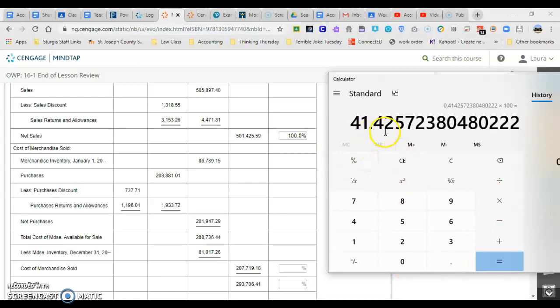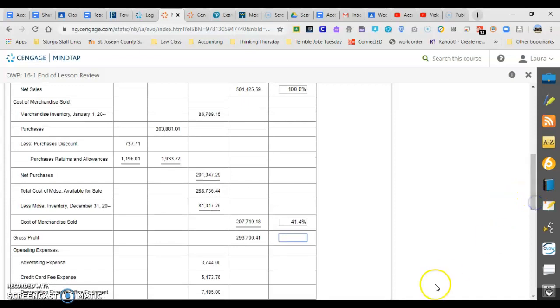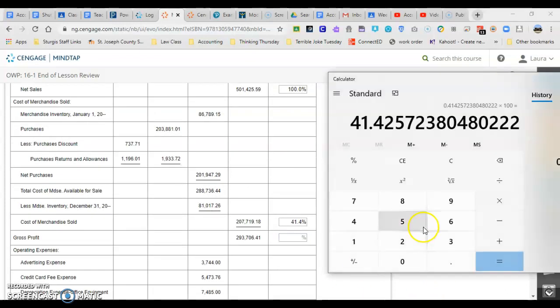You get 41.4. That means our goods cost us 41%. We spent 41% of what we had on each of the goods that we sold.